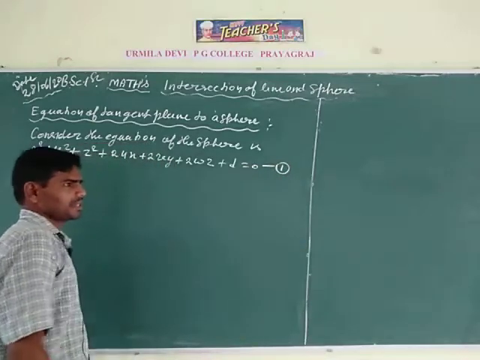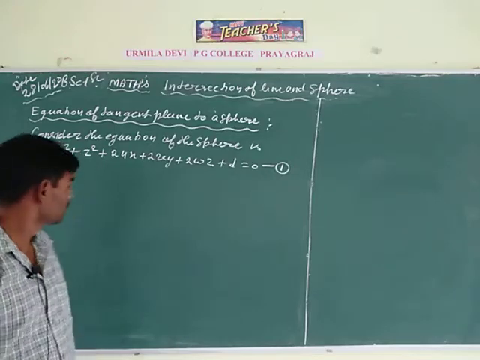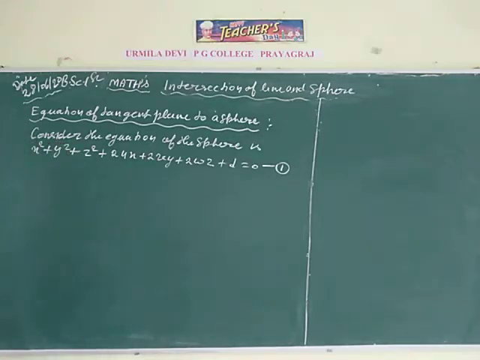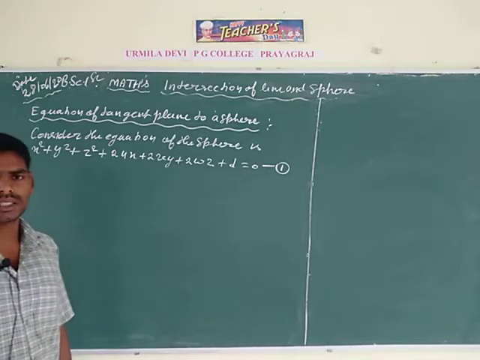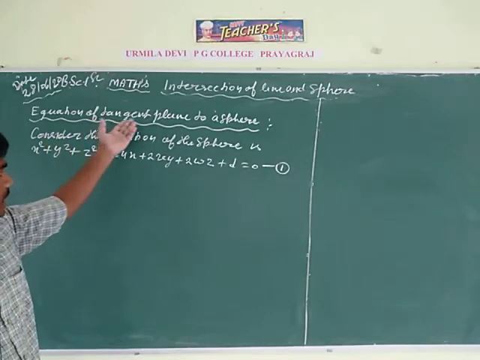So in the first equation, we have taken the general equation of the sphere, x² + y² + z² + 2ux + 2vy + 2wz + d = 0, and here we write the tangent plane equation.